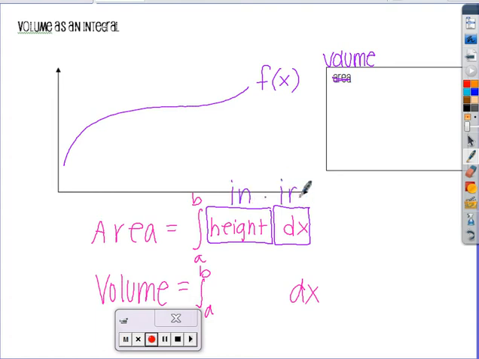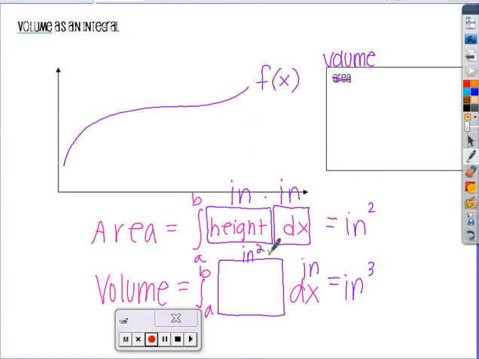Inches multiplied by inches give us the area of inches squared. Well, if this was inches, what would you have to multiply to get a volume being inches cubed? Well, logically, you need inches squared. So you're actually going to be taking an area, multiplying it by dx to get a volume. That'll give you areas are squared units, multiplied by another unit gives you cubic units.